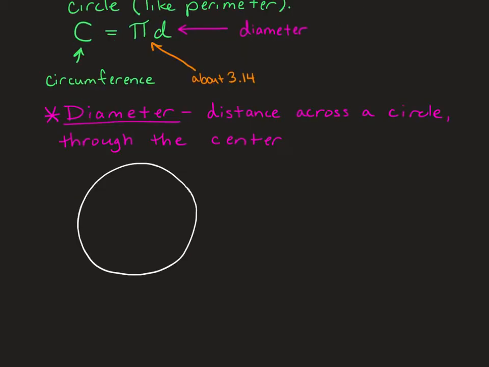So here we have a circle. Notice the outside of the circle in green is the circumference of the circle. It's the entire distance around it. Now, if I were to take a point in the center of the circle, and draw a straight line that goes through that point, and it goes from one edge of the circle to the opposite side, that's called the diameter.